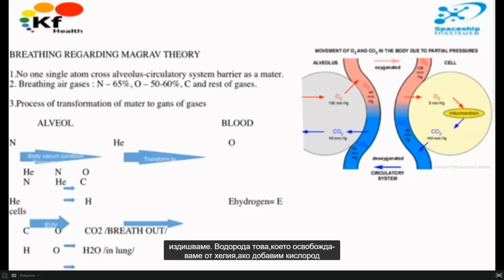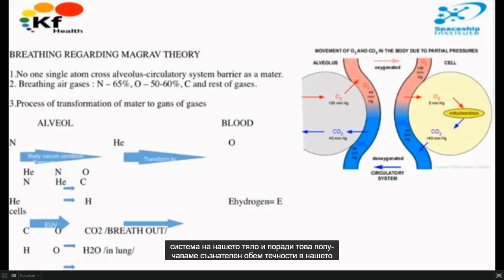The hydrogen that we release from helium through transformation, if it adds oxygen, we get water in our lung. Mr. Kesh said that the moisture in our lung is because hydrogen comes together with oxygen, and we do not take the water from other systems of our body.